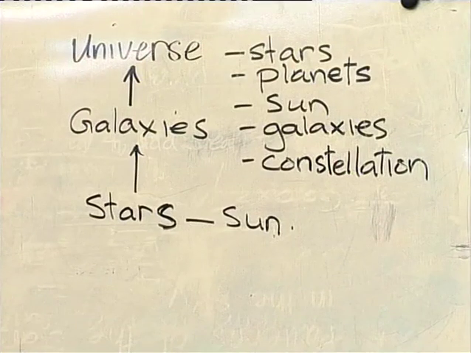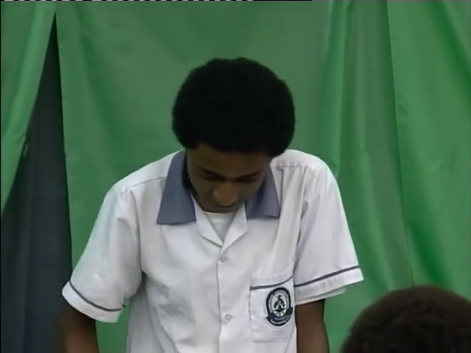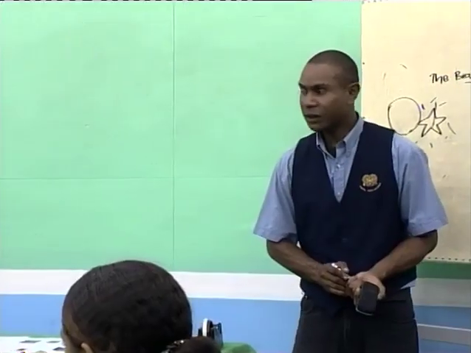Because it is hot. Because it is hot? Any others? Donald, why do you think sun is also a star? The sun is like the stars because the stars shine in the sky just like the sun. Very good, thank you.